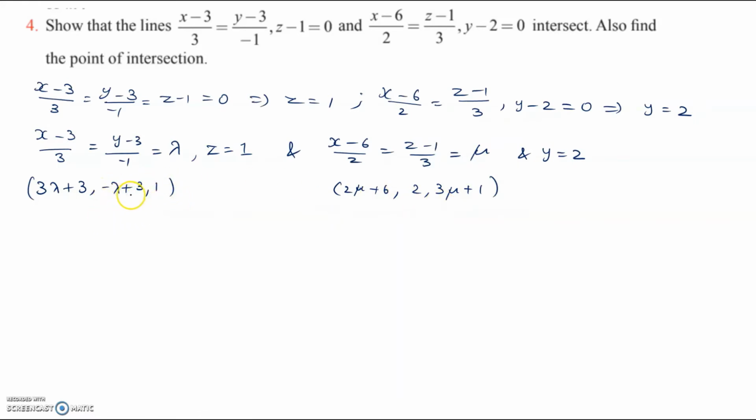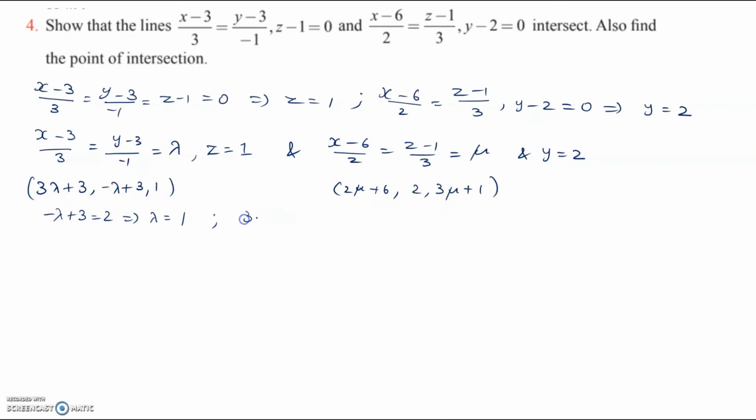our minus lambda plus 3 is equal to 2, which implies our lambda is equal to 3 minus 2, which is 1. Similarly, we can say that 3 mu plus 1 is equal to 1.